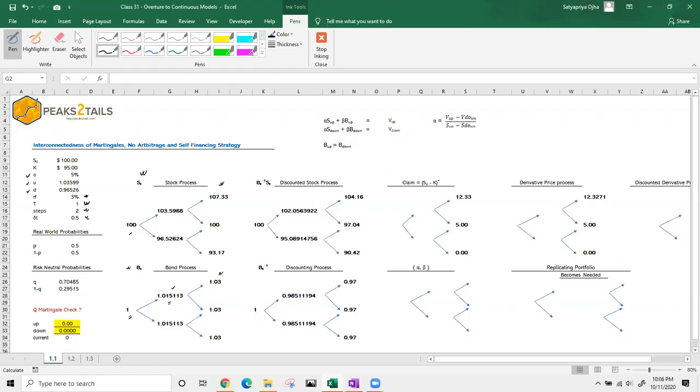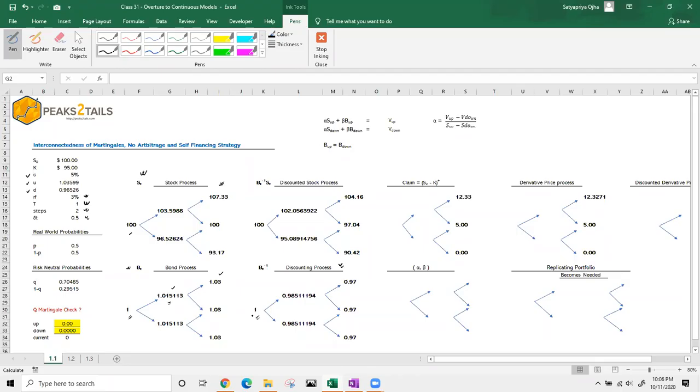It's pretty straightforward. Now we define a discounting process, which is the reverse of the bond process. Today the discounting factor is 1. The discounting process means the discounting factor that you will be using at different time points to discount to today.